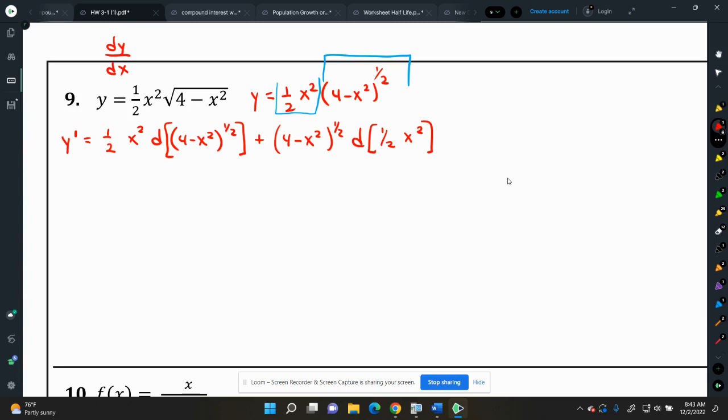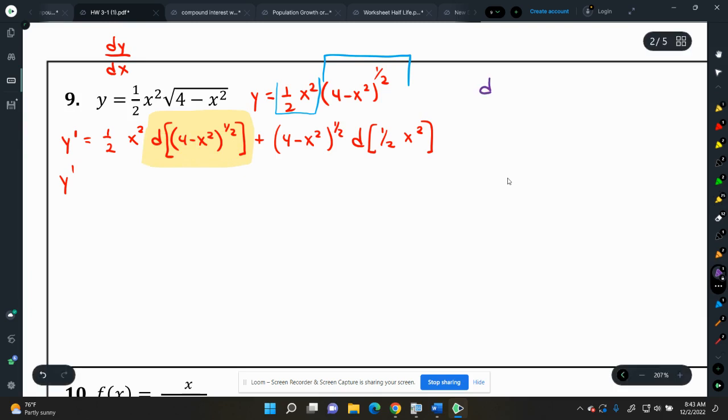Okay. So I'm going to bring this off to the side and work off there. I do that a lot with these more complicated ones because when you're stringing them all together, it gets so confusing looking. So we're going to look at the derivative of 4 minus x squared to the 1/2.